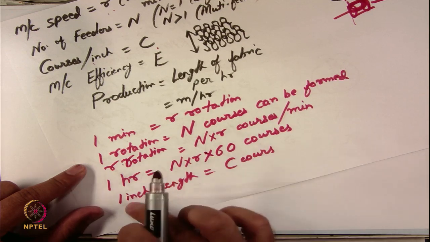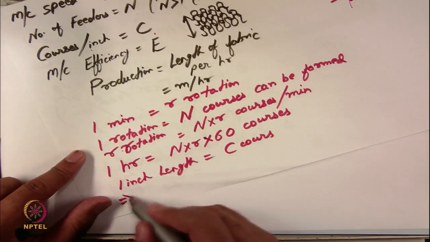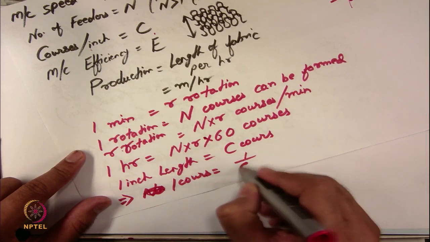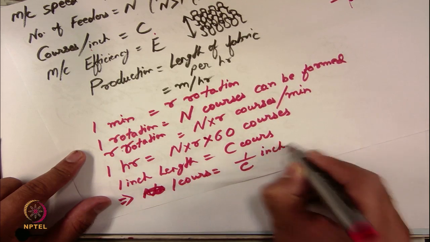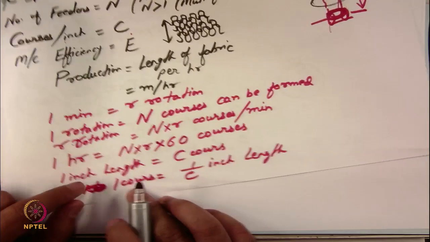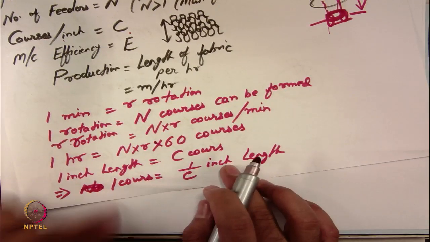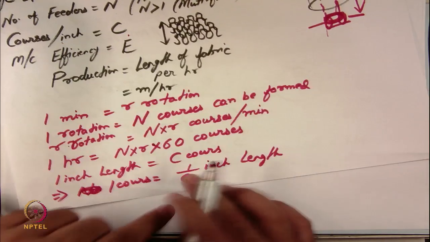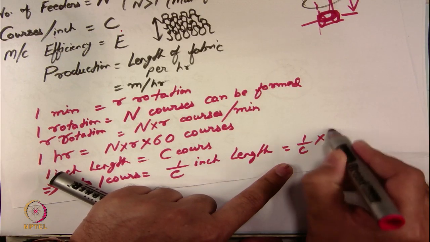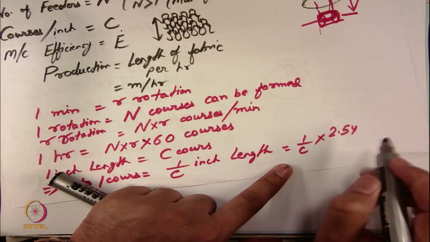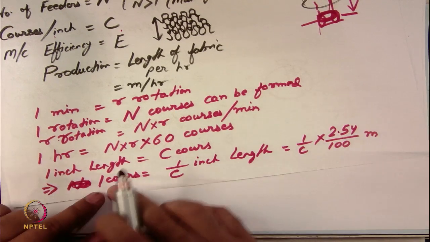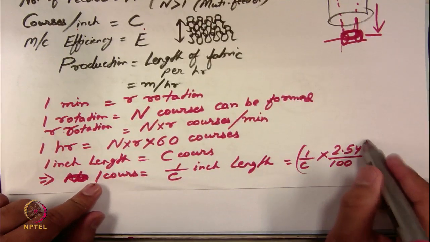Naturally, 1 course will consume 1 by C inch length. You can convert 1 by C inch into meter. So, this is equal to 1 by C into 2.54 divided by 100 meter. So, 1 course is consuming this much length of the fabric.